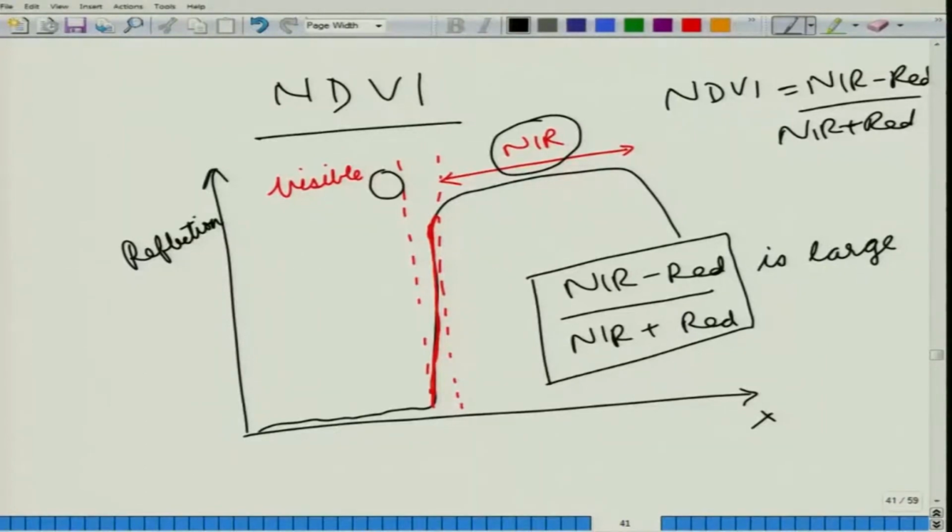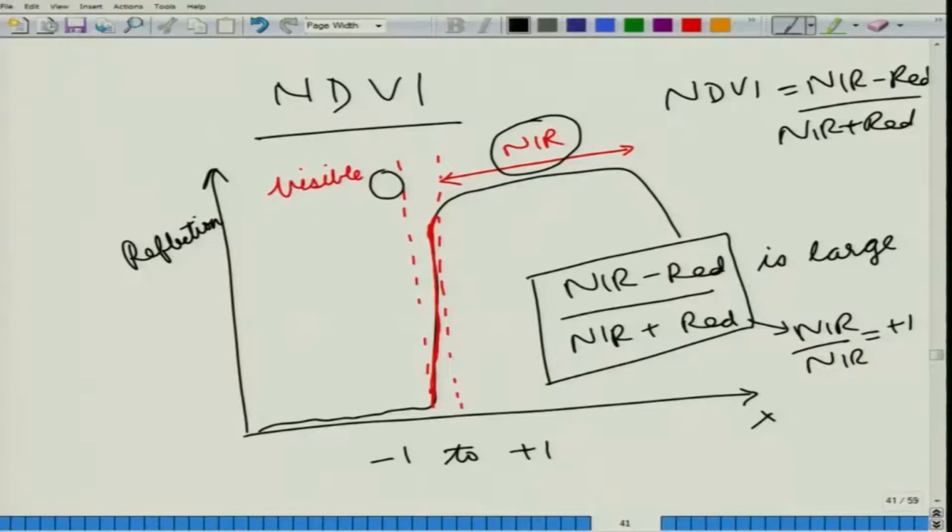Now, what can be the theoretical range of this value? What can be the theoretical range of NDVI? So, this NDVI can go from -1 to +1. For instance, suppose our red value was 0. In that case it would become NIR upon NIR, which is equal to +1. Suppose our NIR minus red was 0.